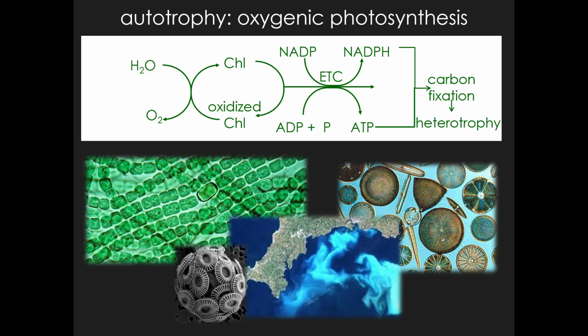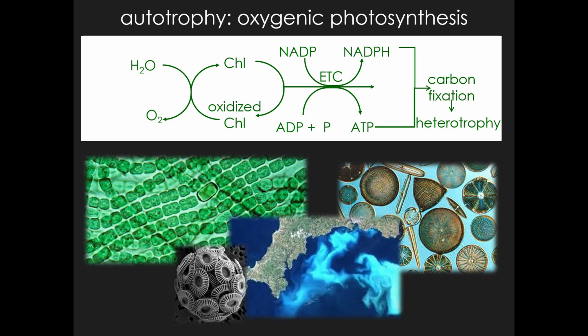The electrons are donated to chlorophyll, which gets excited and donates those electrons to the electron transport chain, right? Electrons are kept, ATP is generated, carbon fixation occurs, and that fuels heterotrophy. And in addition to that happening in the plant world, which we don't talk about in general biology, we said that this is possible in both the protists and some of the bacteria.